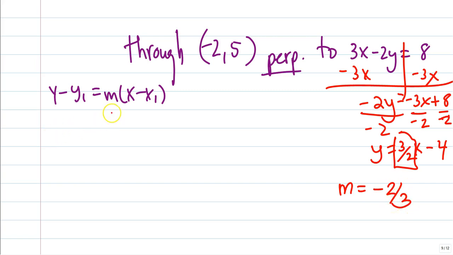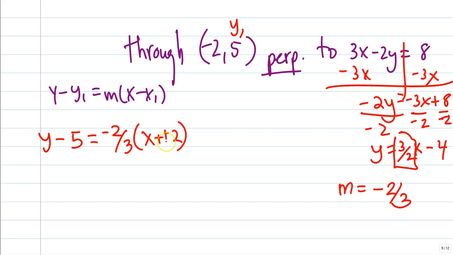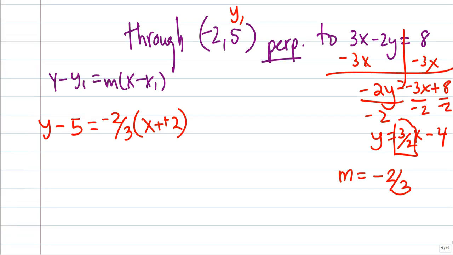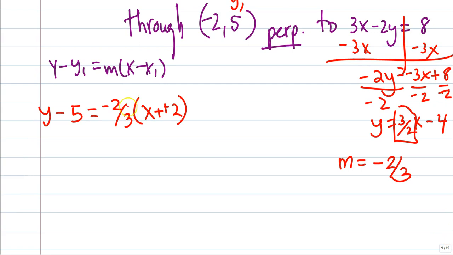So now I have my slope, negative 2/3. Let's fill in the point. Y minus y1, which is 5, is equal to m times x minus a negative 2, so x plus 2. If I want this in slope-intercept form, I'm going to take the 2/3 and distribute it.